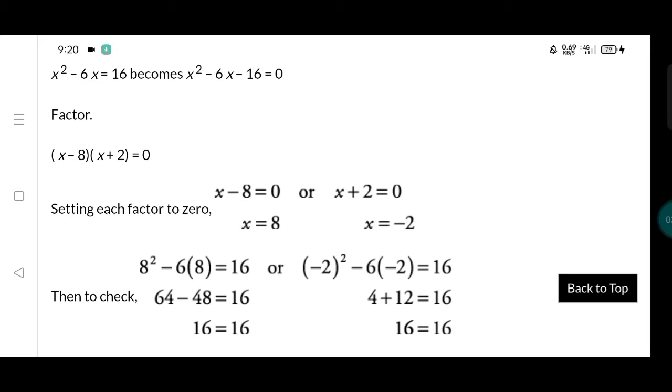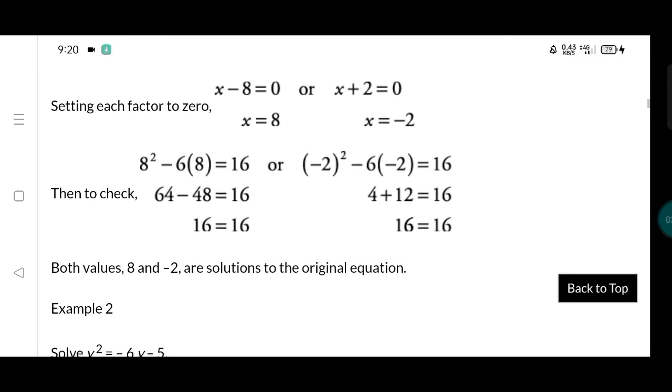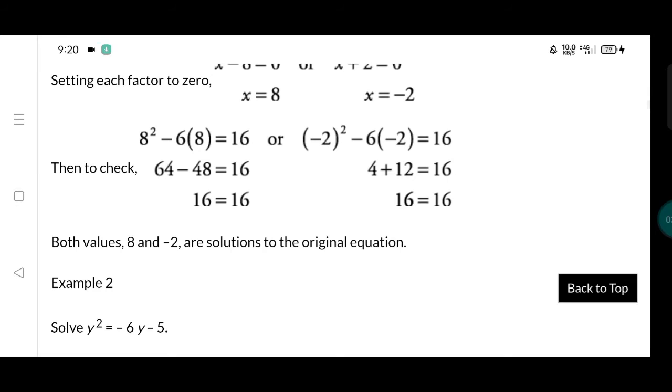Negative 2 squared minus 6 times negative 2 is equal to 16. Negative 2 squared is 4, then negative 6 times negative 2 is positive 12. So 4 plus 12 equals 16, which is equal to 16. So both values 8 and negative 2 are solutions to the original equation.